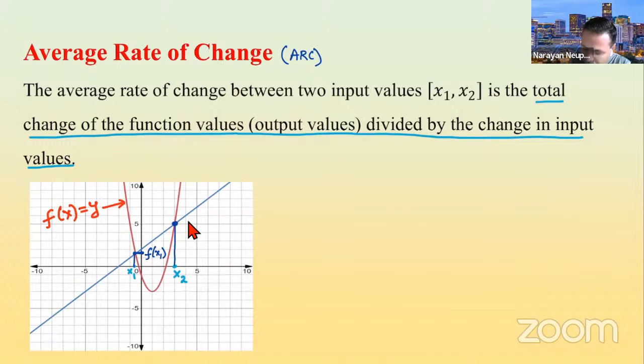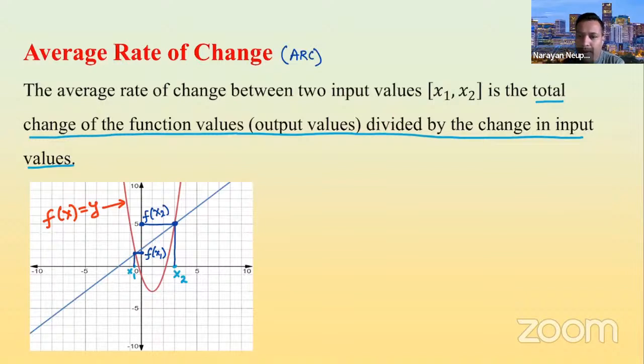Let me try to draw the horizontal line traveling to the y-axis. So that is the y value. Okay, this is our y value. So this y value is the value of the function at x2. So we write this as f of x2.